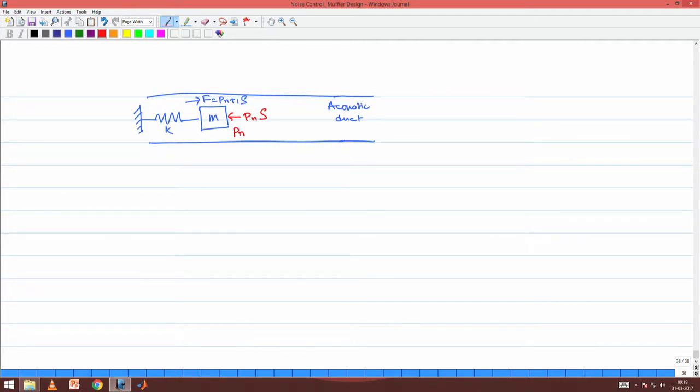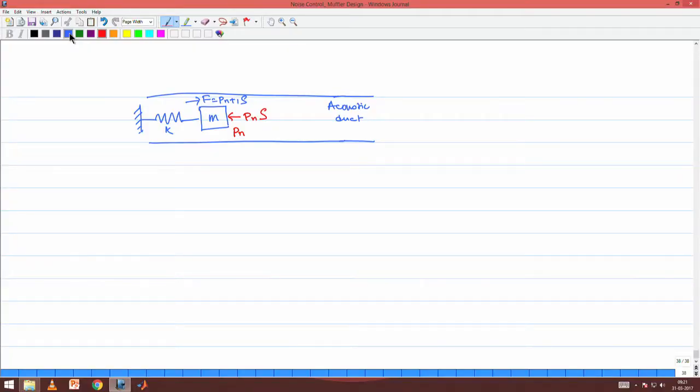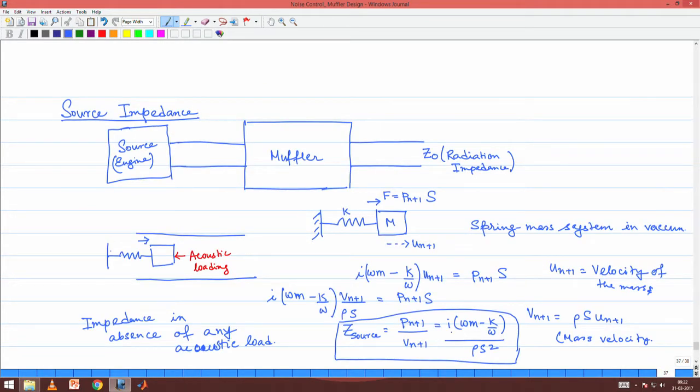The acoustic pressure multiplied with the area is an additional load which is acting on the structure, which now you have to consider. So, carrying on with this derivation, the derivation in the previous case will just have to be repeated by considering this additional acoustic pressure which is acting in the opposite direction, right.